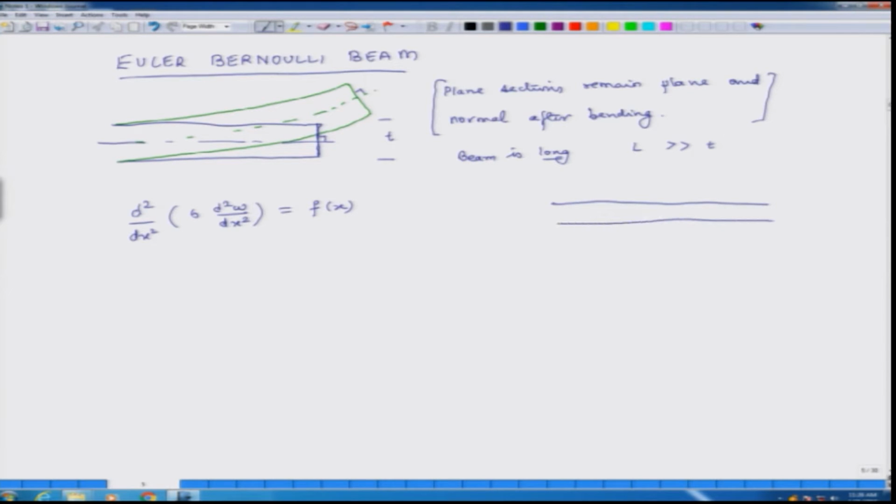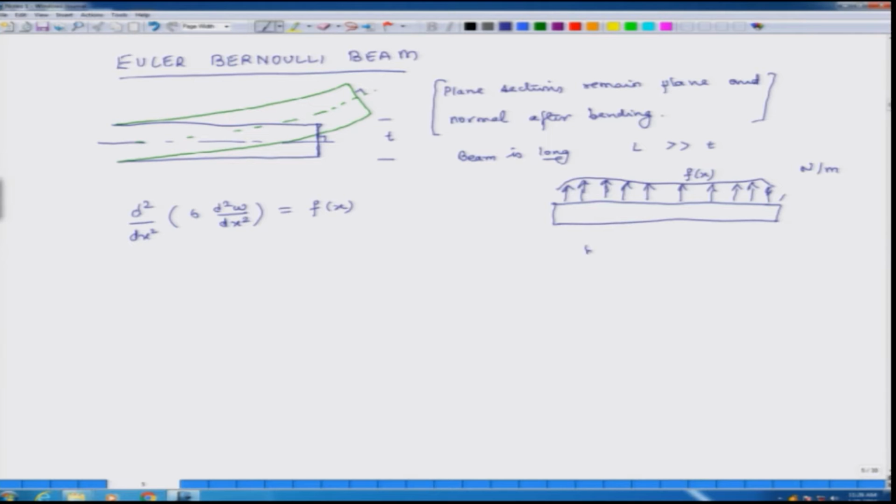Suppose I have a beam and it is having some vertical load which is distributed in nature. This distributed load I call f of x, so its units are Newton per meter.